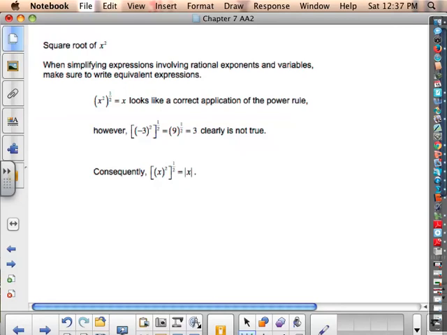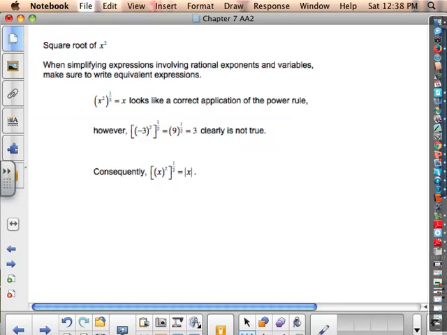However, if I have negative 3 squared to the 1/2, then I get 9 to the 1/2, which is 3, which is clearly not a true statement. So what I have to do is add absolute value symbols to ensure that what I started with was positive.